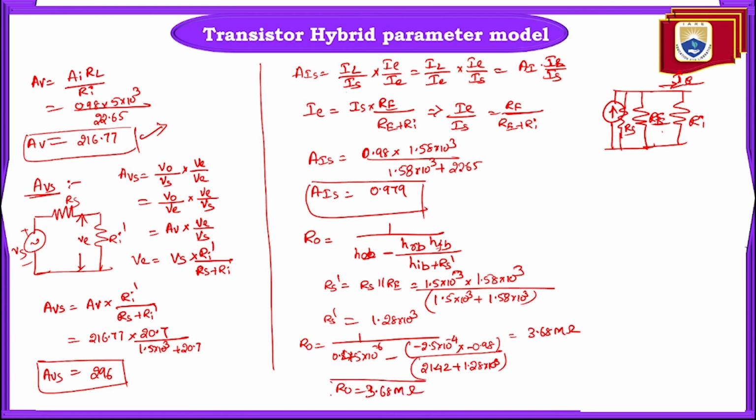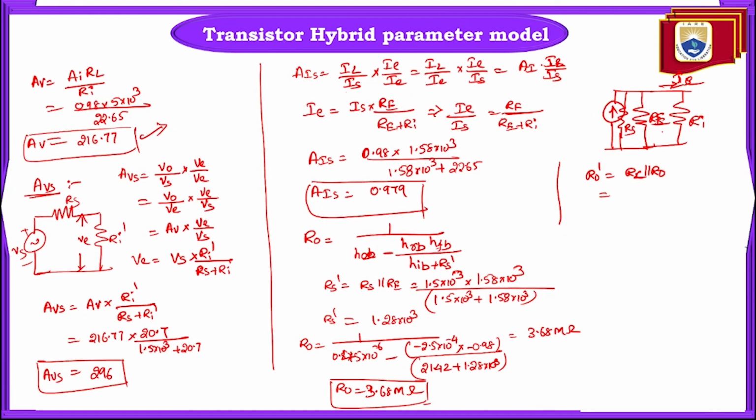What is R0 here? Actually, it is the impedance seen when we are looking into the output port, 3.68 mega ohms. This is not by considering RL. By considering RL, we have R0 dash, that is RL in parallel with R0. RL is nothing but RC. What is the value of RC?